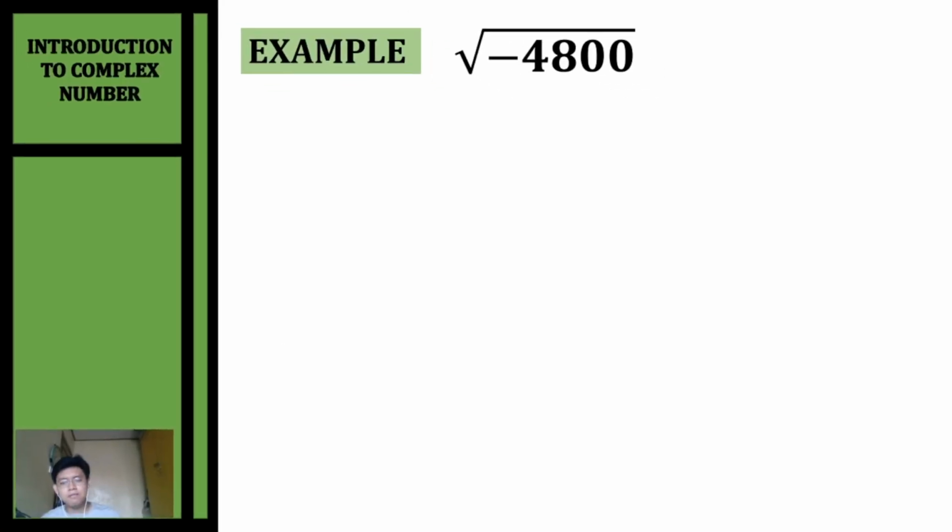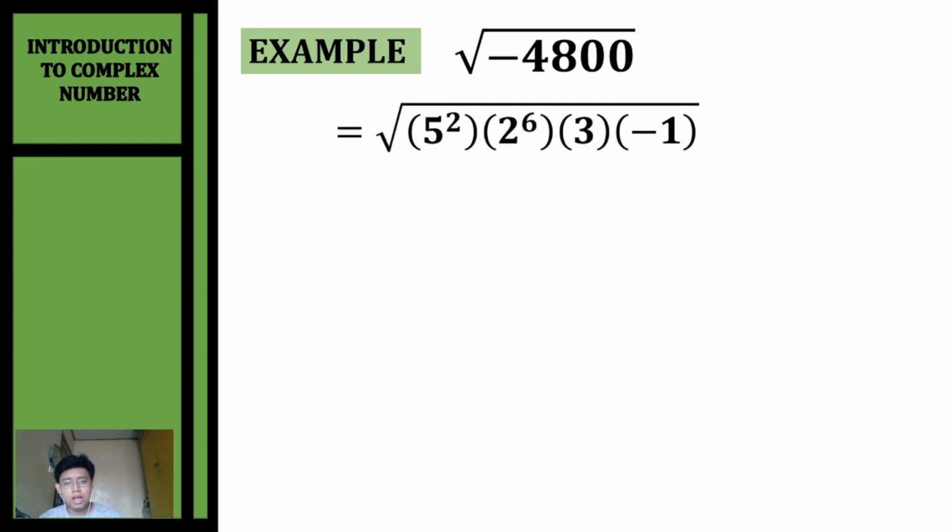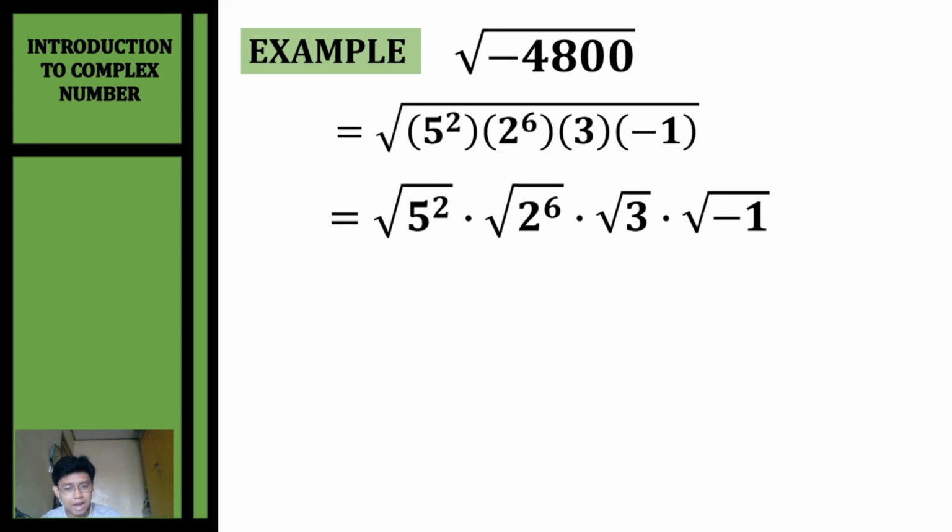Let's have our last example for today. We're going to get the square root of -4800. First thing that we need to do is to get the factors of our radicand. -4800 has factors of 5 squared times 2 raised to 6 times 3 times -1. Then we get the square root of each factor. The square root of 5 squared is 5.